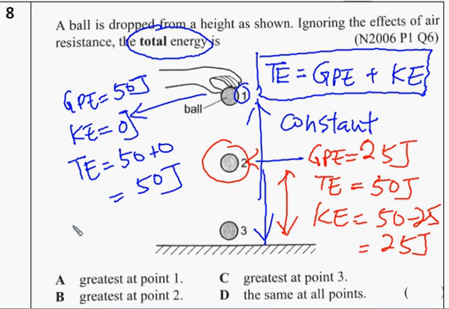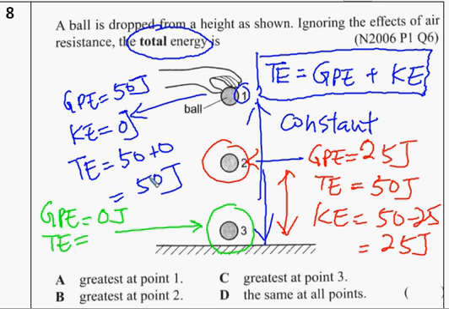What about position 3? Position 3 is almost hitting the ground. So my GPE is almost 0, because it's going to reach the ground. Remember total energy remains constant, so it's still 50 joule. Just before it hits the ground, my KE will be equal to 50 minus 0, so it's still 50.